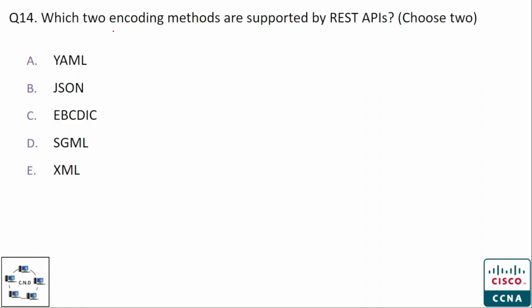Question number 14. Which two encoding methods are supported by REST APIs? Choose two, and the options are option A, YAML, option B, JSON, option C, EBCDIC, option D, SGML, and option E, XML. And the correct two options are option B, JSON, and option E, XML.